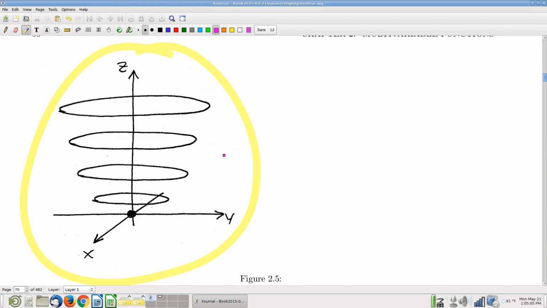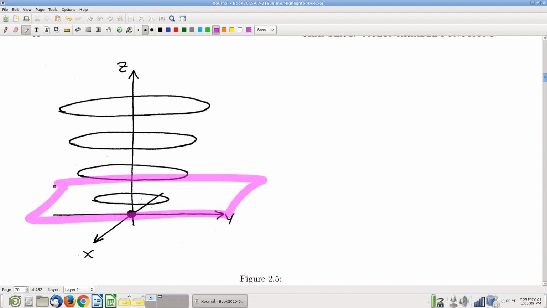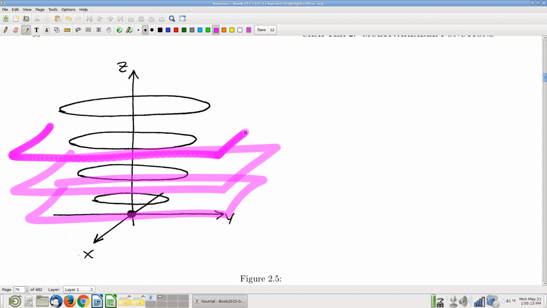And here's that picture. So when we set z equal to a positive value, then we get circles. And if we set z equal to a negative value, then there's nothing down here, right? There are no solutions if c is negative.